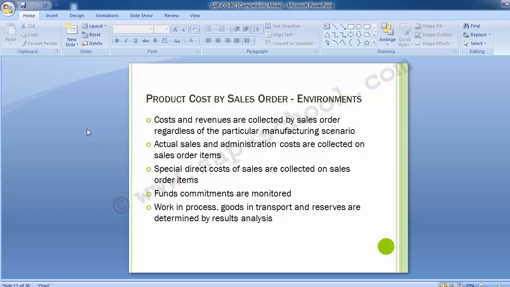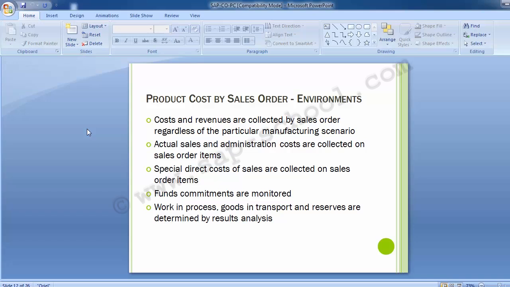In a product order related production environment, there are two ways to collect and analyze the cost. In mass production on the basis of sales order, the focus of cost measurement is on the material being manufactured. If you are using a valuated sales order inventory in a master record environment, you can collect and analyze the cost on manufacturing orders or on product cost collectors.